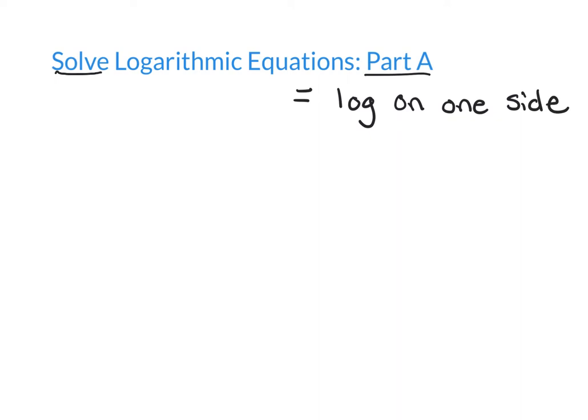All right, so here's an example. There are a lot of variations with solving these, and I'll start with an easy one and then a more difficult one. So log base 3 of 3 plus log base 3 of x equals 4.